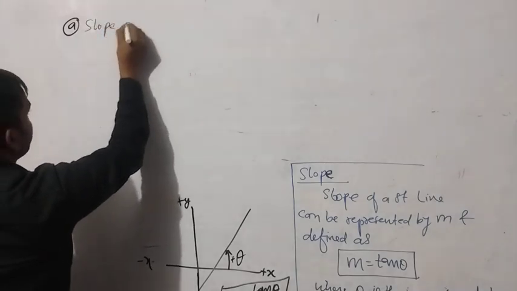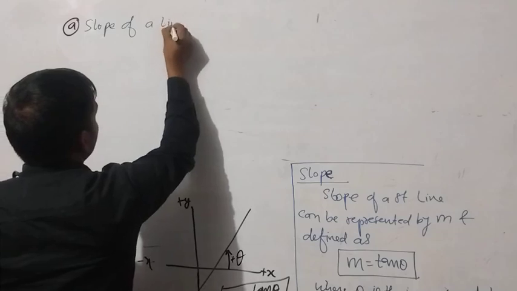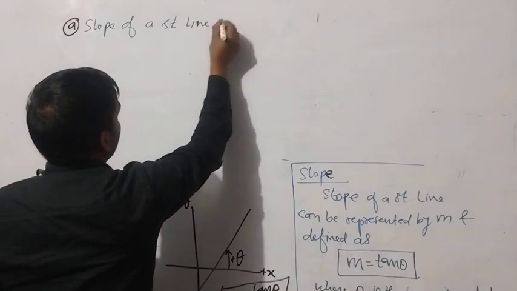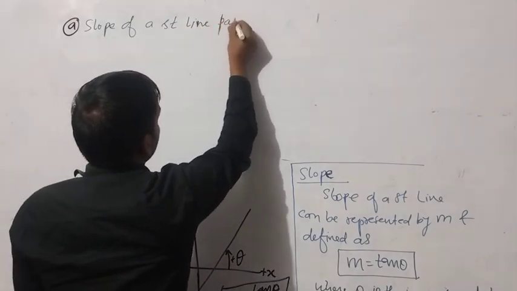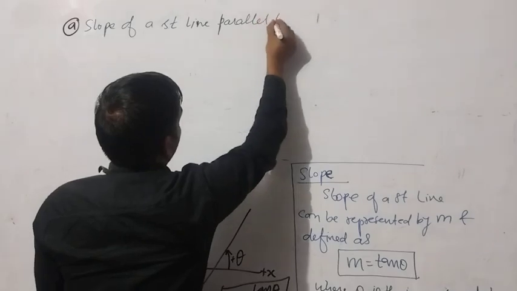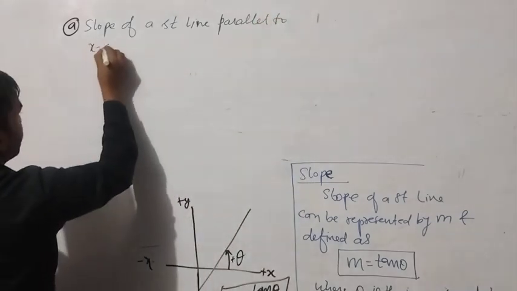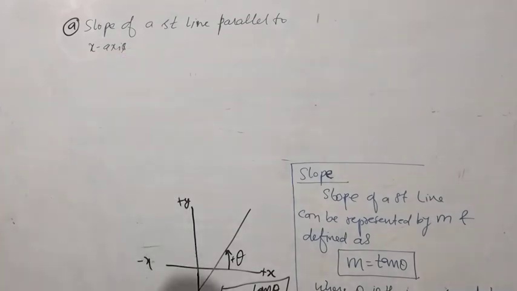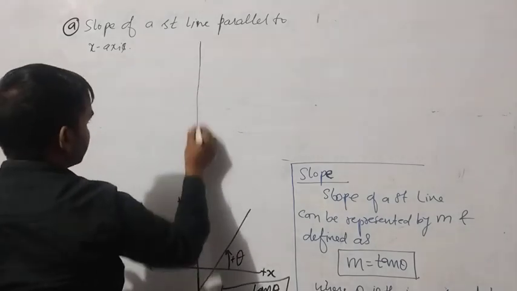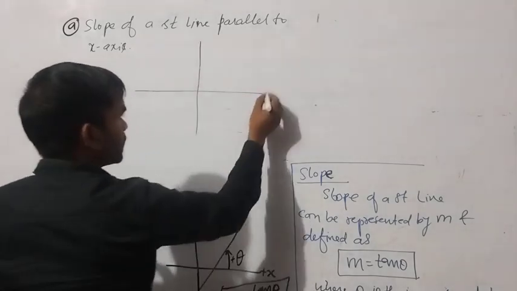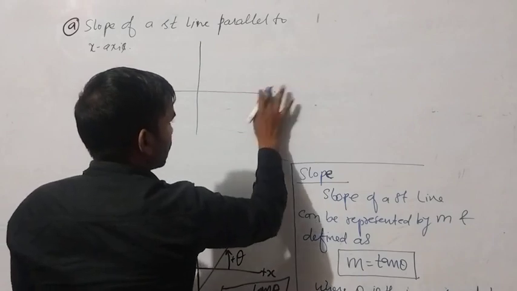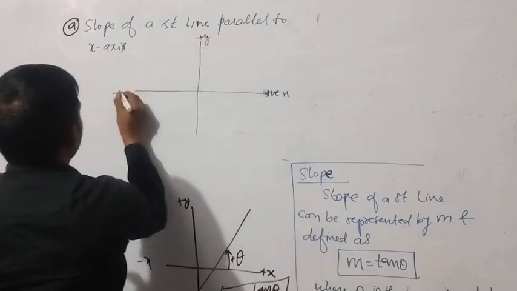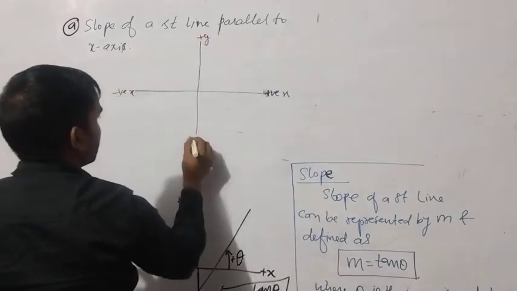The slope of a straight line parallel to the x axis. You all know how we can draw a straight line parallel to the x axis. This is the coordinate axis, with positive x, positive y, negative x, negative y.